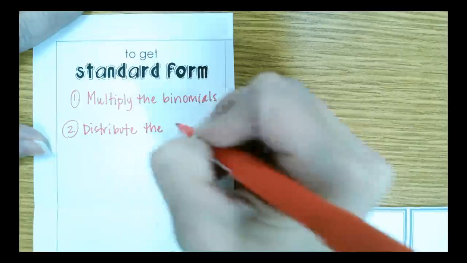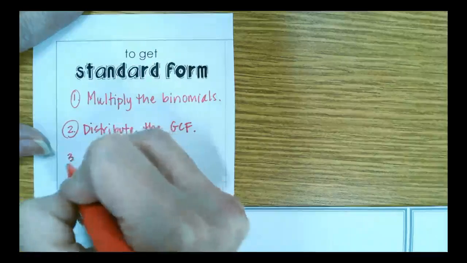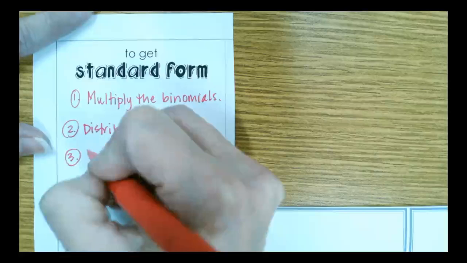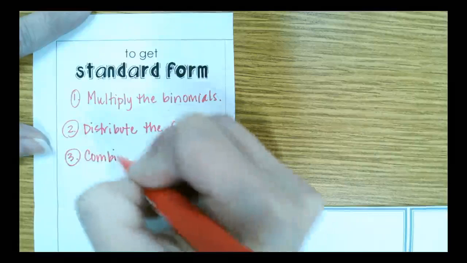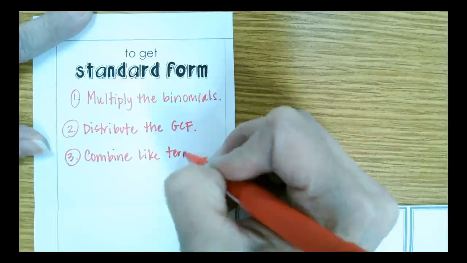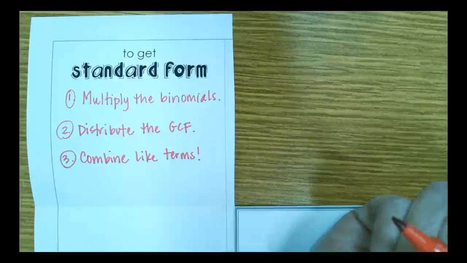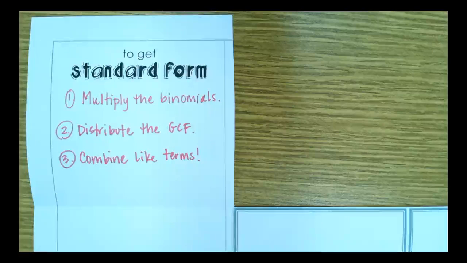The third step is to combine like terms, and then that will be in standard form. Remember, if you need to pause the video if I'm going too fast, please do.